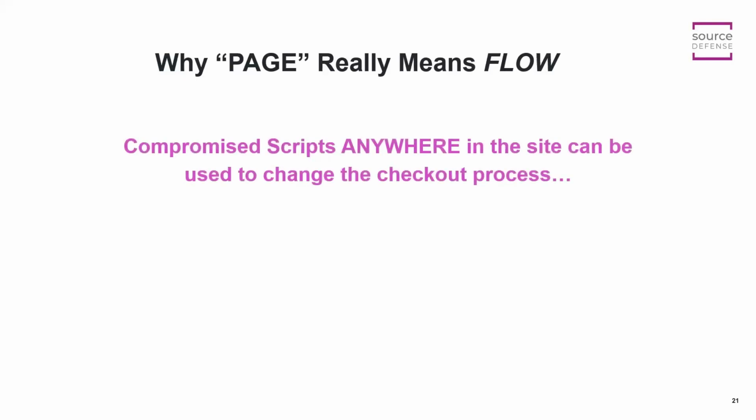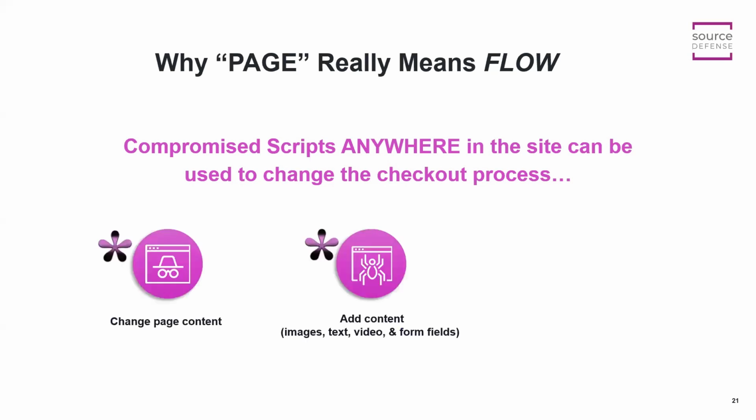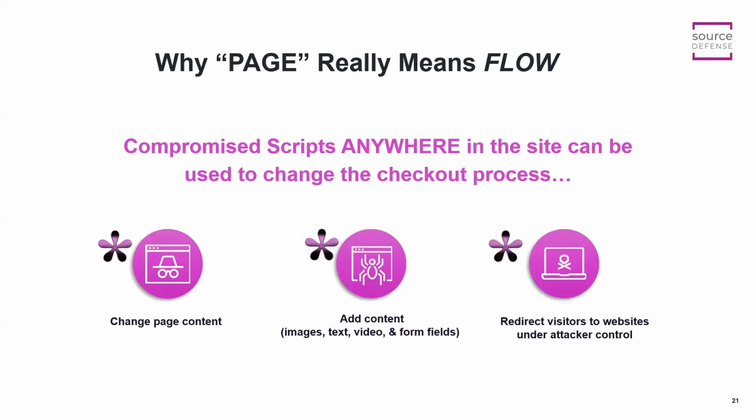So what Coalfire has said in this paper is that what we really need to be focused on is payment flows. So page actually means flows, because compromised scripts can occur anywhere in the site, and anywhere in the site they can be used to change the checkout process, right? Again, change page content, add content, redirect visitors to websites under their control. Because of that, the scope has to be broader than just page.